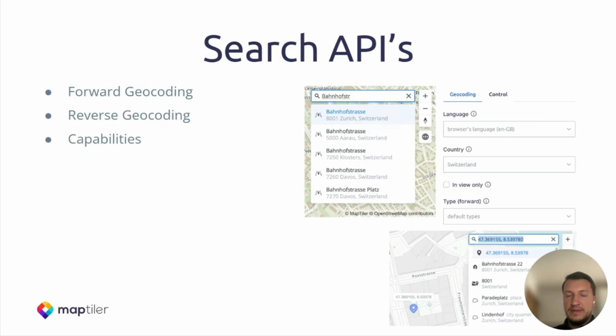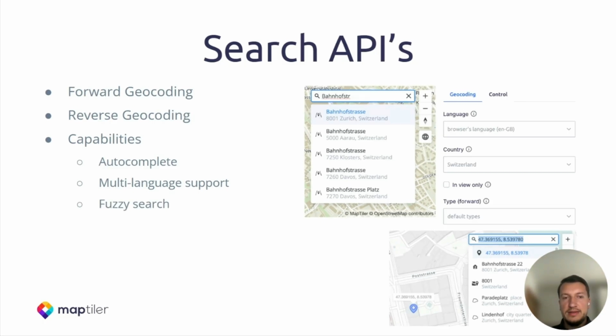The capabilities of this API endpoint are, as you can probably see here, firstly autocomplete. Then we support multiple languages, both on the input side and on the response side as well. We support fuzzy search.